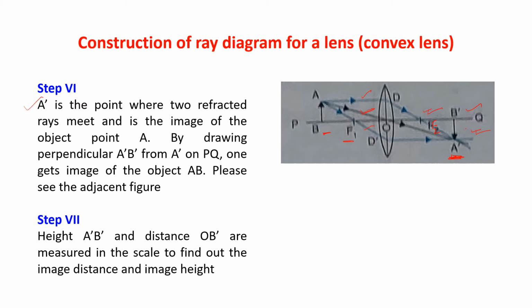Now step 7, height A dash B dash and the distance OB dash are measured on the scale to find out the image distance and the image height. If we measure A dash B dash, you will get the height of the image.